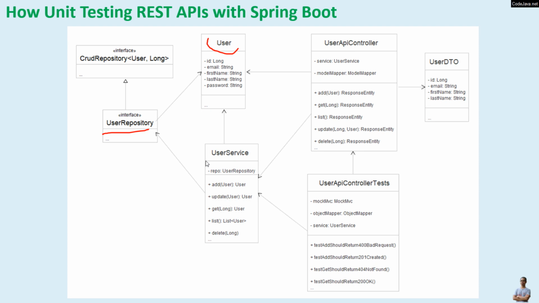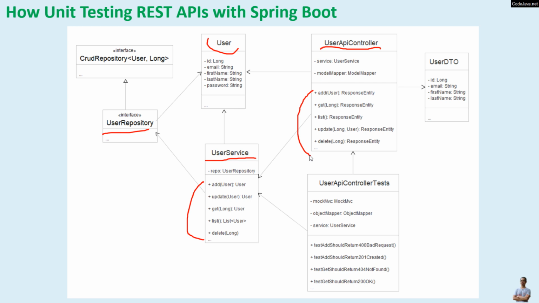In the service layer, we have the user service class that implements business methods for user management. And in the controller layer, we have the user API controller class, which implements the REST APIs for user management.